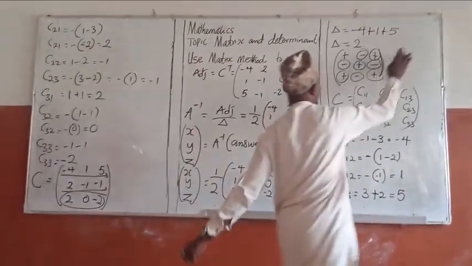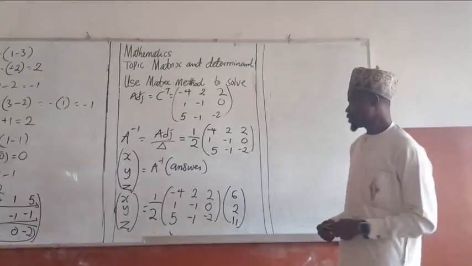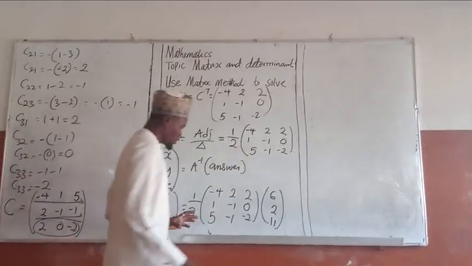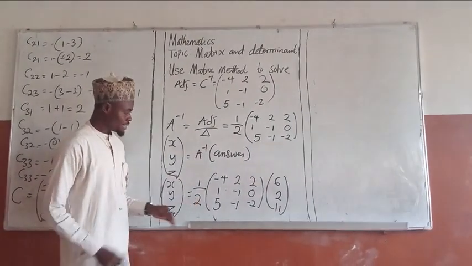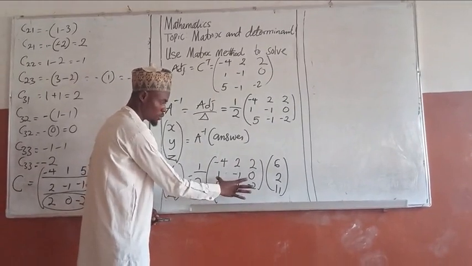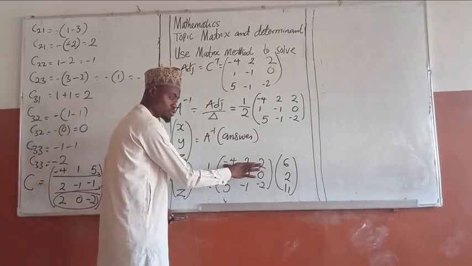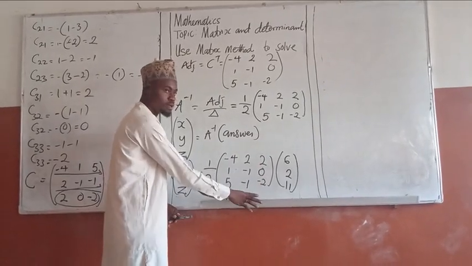So, moving forward, this is the X row, this is the Y row, and this is the Z row.